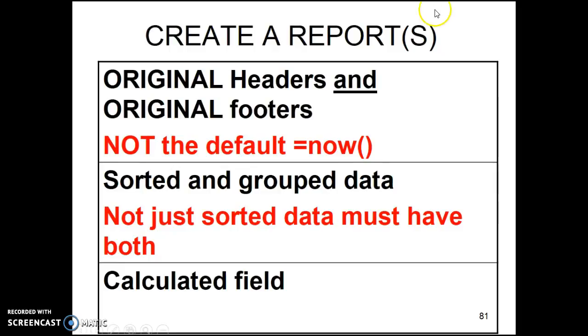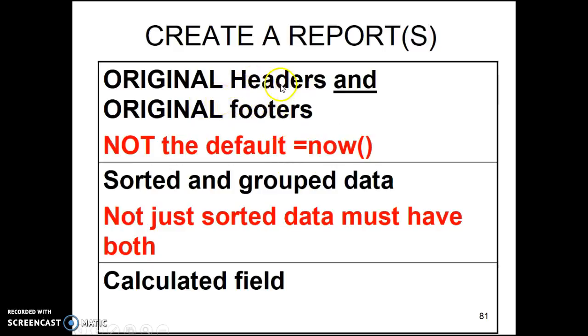First thing is the components that you need. The report has to have original report headers and footers, not the default settings. So when we make the report now, you'll notice that I'm going to delete everything out of the headers and footers because that stuff's been made by the software and they don't like that. So, header and footer.